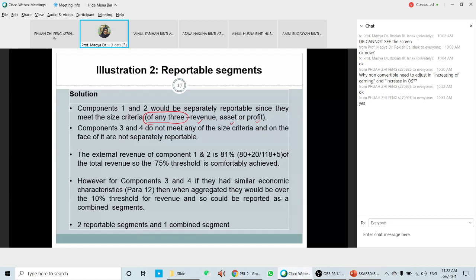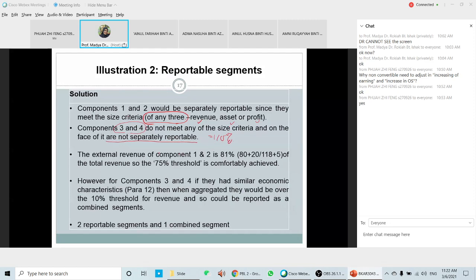Component 3 and 4 do not meet any of the criteria and are not separately reportable. So 3 and 4 cannot be a reportable segment because they do not fulfill the 10% test.